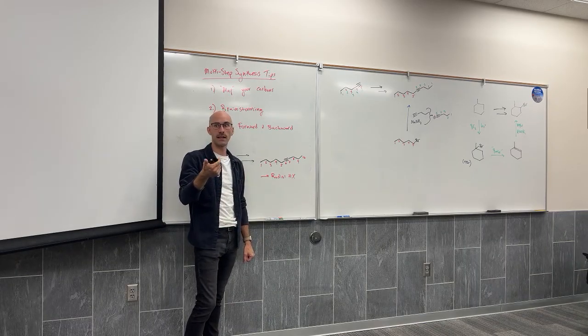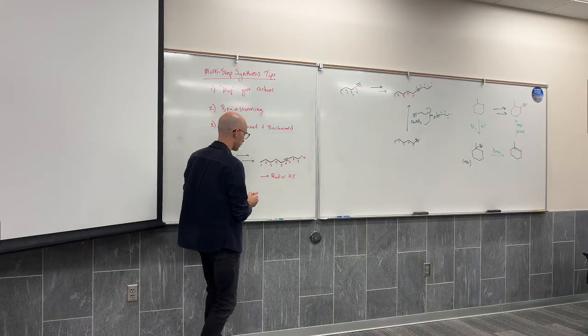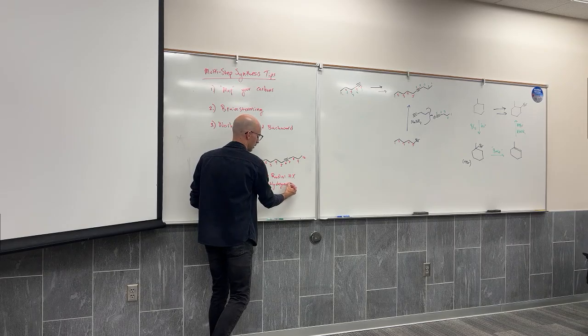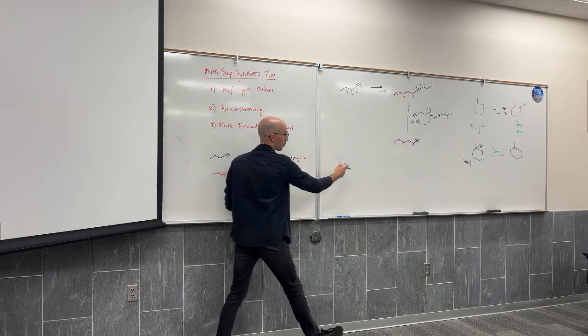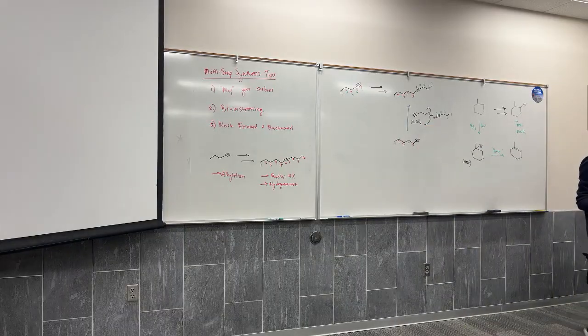Hydrogenation and radical HX addition. So that would be the other thing that comes across in my brainstorming. I'll need hydrogenation here in order to get this structure. So tell me, what are different ways I could do this? How could I incorporate hydrogenation and radical HX?